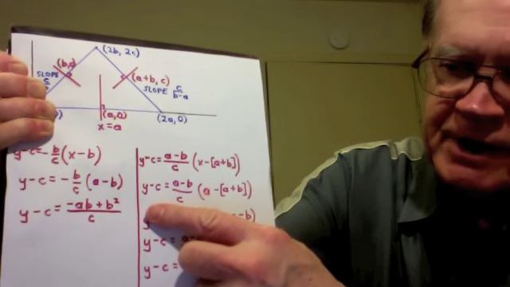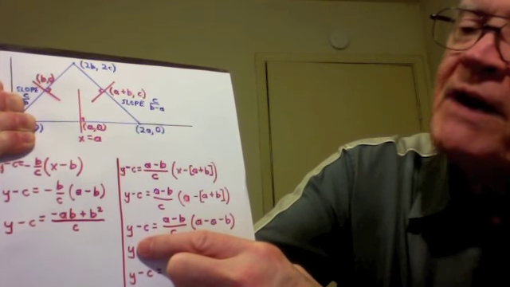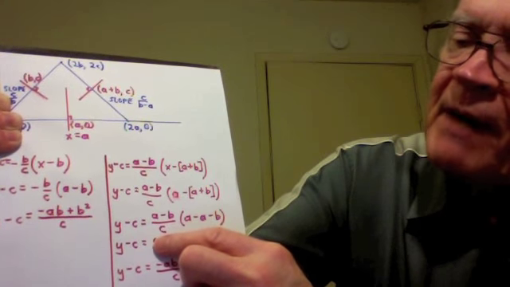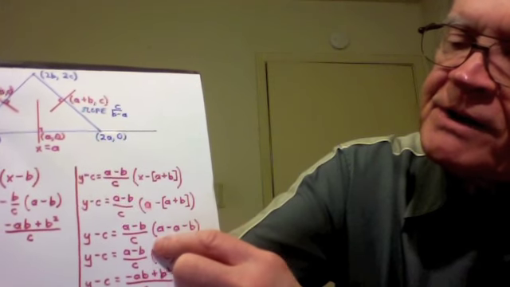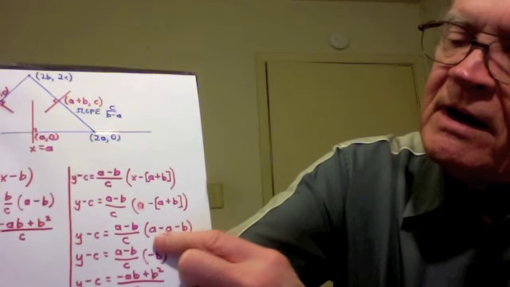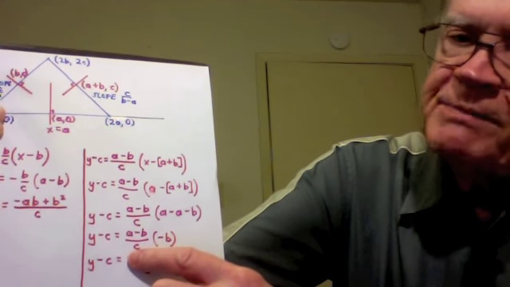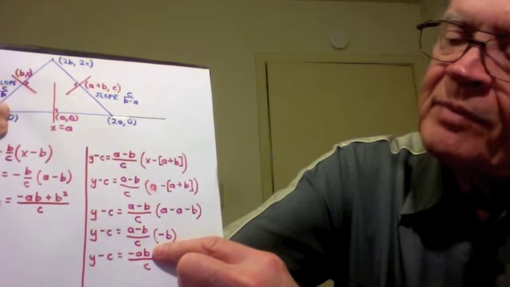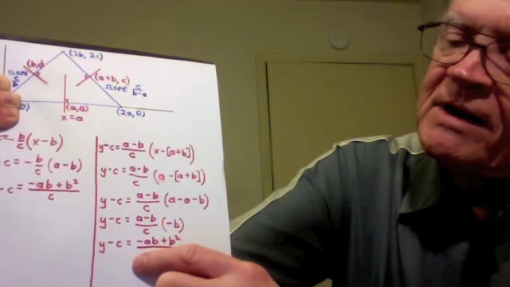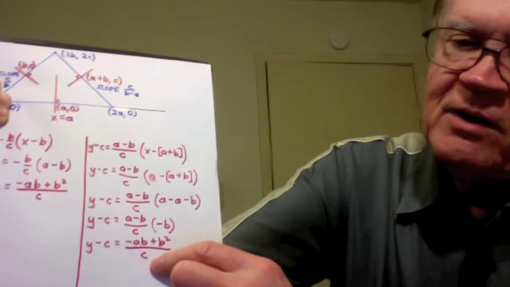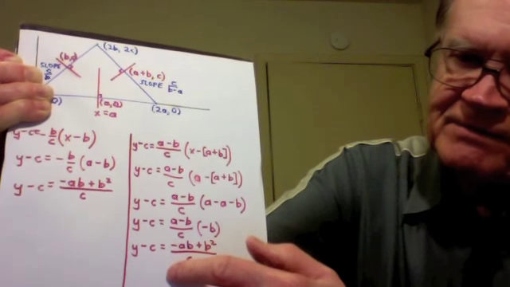The equation on the right takes a little more work, so we have y minus c equals a minus b over c times, and I distribute the negative inside these parentheses, times a minus b. The a minus a adds up to 0, so I have y minus c equals a minus b over c times negative b. I distribute the negative b here, and I get y minus c equals negative ab plus b squared over c. Well, I've got the same thing on both sides.